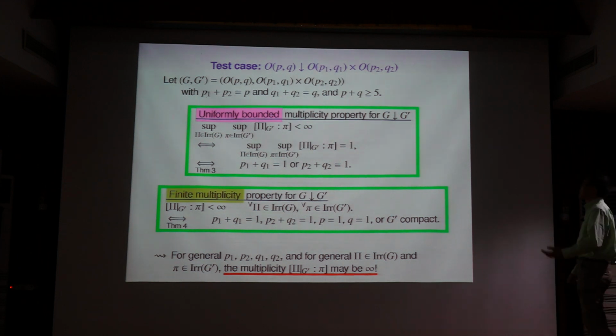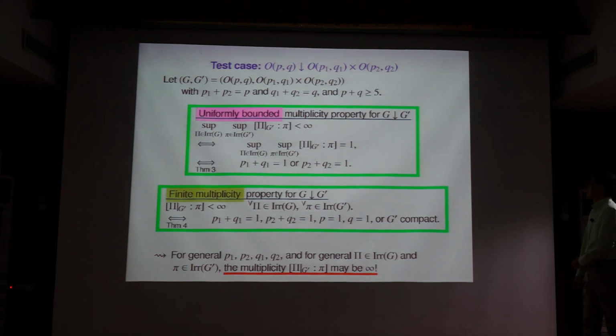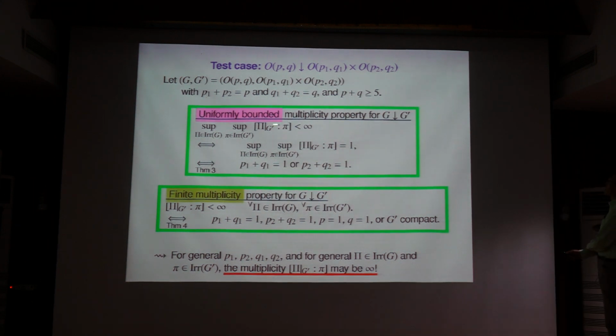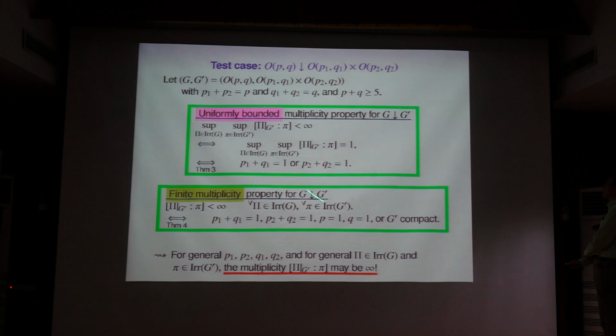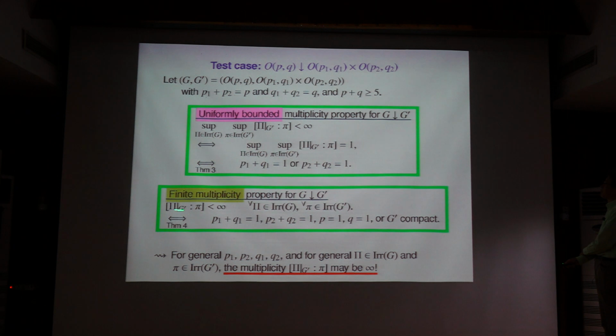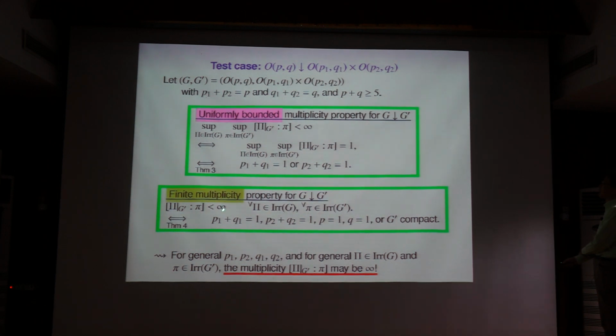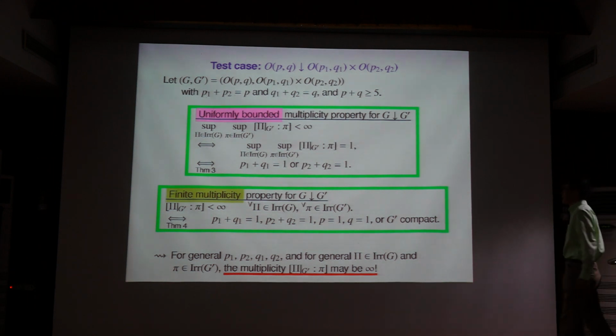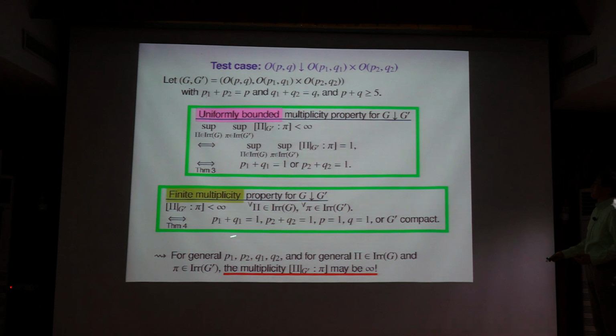So this is exactly the case of the local Gross-Prasad conjecture. And in this particular case, these conditions imply that multiplicity is 1, by Sun and Zhu. And so actually these three conditions in this case are equivalent. And the finite multiplicity case includes, of course, this case and also the Harish-Chandra case, namely G prime compact, but also some other cases like P equal 1 or Q equal 1. And this is precisely the classification of the finite multiplicity property, that taking any representation individually, multiplicity is finite. So we see that not in all cases is multiplicity finite.